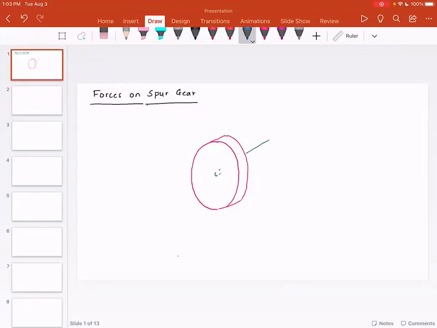This shaft is coming from here. So this is the spur gear. This is the shaft. And these are the teeth on the gear profile.